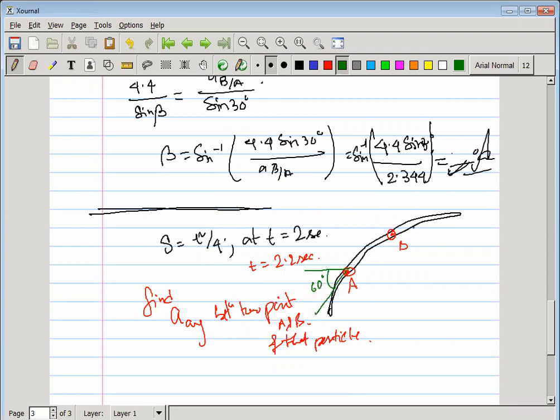This is 60 degrees, and this is 30 degrees, it is given to you, and we have to find the average acceleration at this position. So okay, let's solve this question.